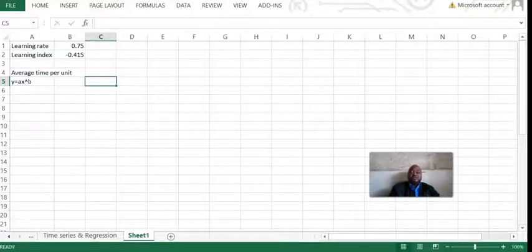Use that sign to represent the power. Once you do that, we know that a stands for the average time taken to produce 1 unit, I mean the first unit. Average time taken to produce the first unit.